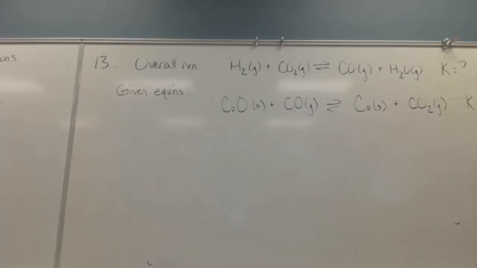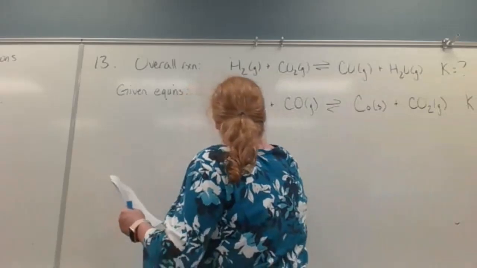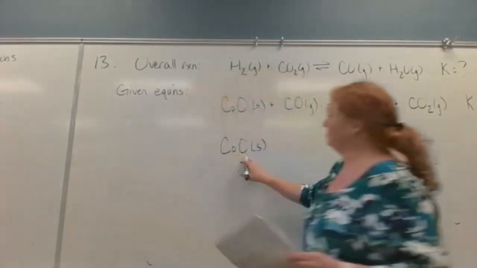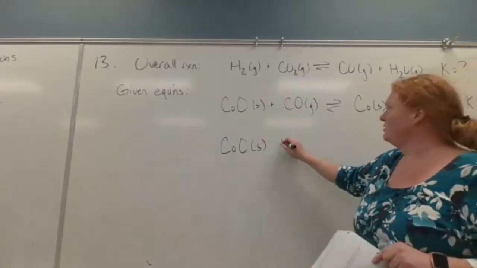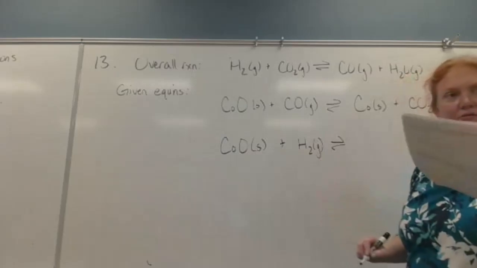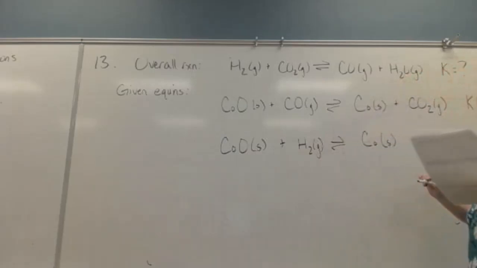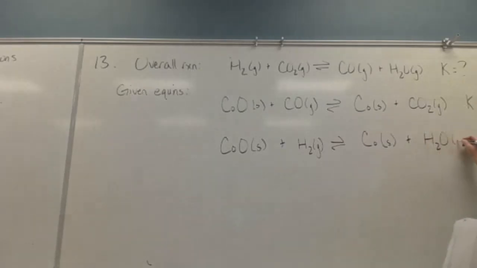K is 490. Here's another equation. Still got that cobalt(II) oxide, but now I'm seeing how it's reacting with that hydrogen. Well, it's still giving me just cobalt metal, but now it gives me some water vapor. And that has a K value of 67.